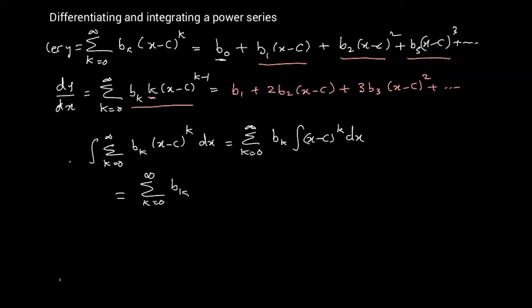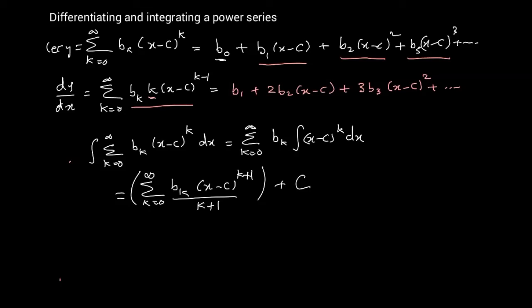So when we integrate it, it will become (x minus c) to the k plus 1, all divided by k plus 1. And we add just one constant, not an infinite number of constants. Remember, there's only one integration of each term, and whether it is finite or infinite, one c is added at the end.